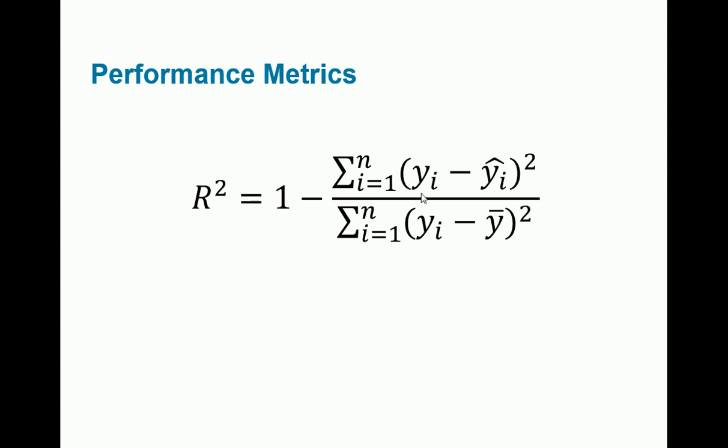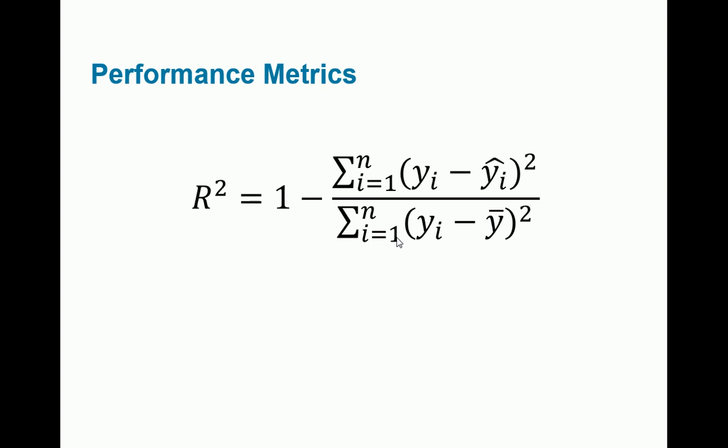For example, let's say yi is so different from yi cap that the total summation is 500, and yi minus y bar is just 100, right? So y bar is a better estimation overall than my individual y cap i's. In that case, I will have 500 divided by 100, which is 5. 1 minus 5 is negative 4, right?